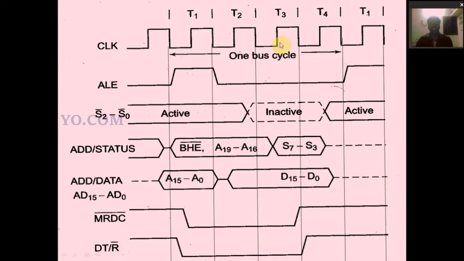So at T3, the status is disabled, and again the higher order status is enabled, S3 to S7, and the data bus is enabled, but the control signals are disabled at T3. At T4, all the signals are almost disabled, and the status is active for the next operation. So this is a read operation of maximum mode.